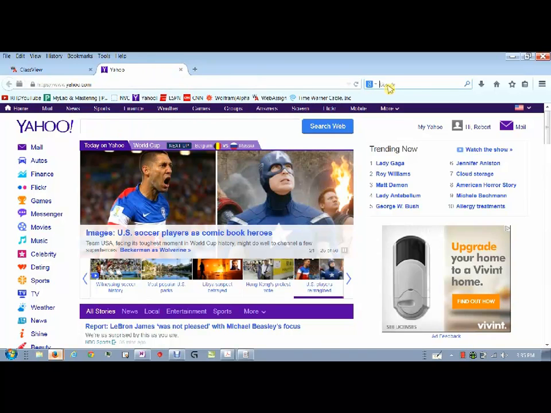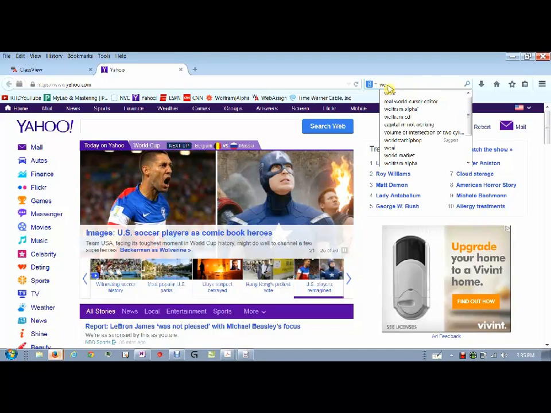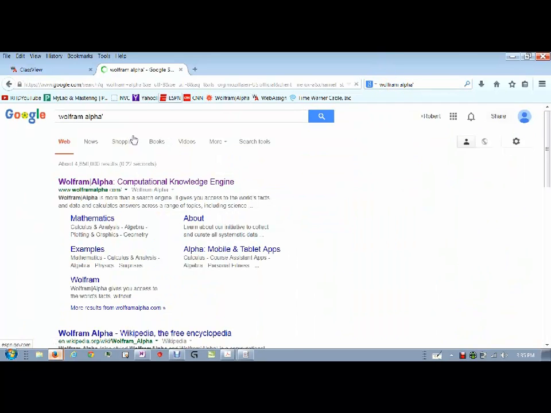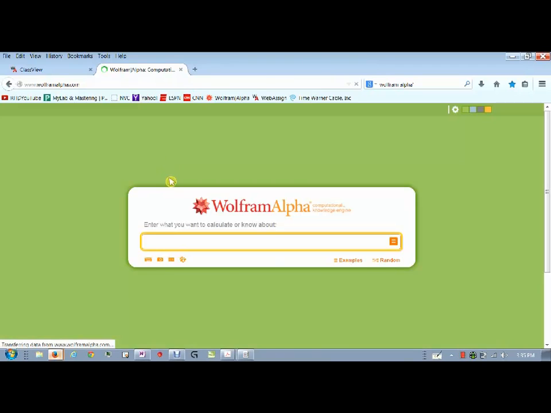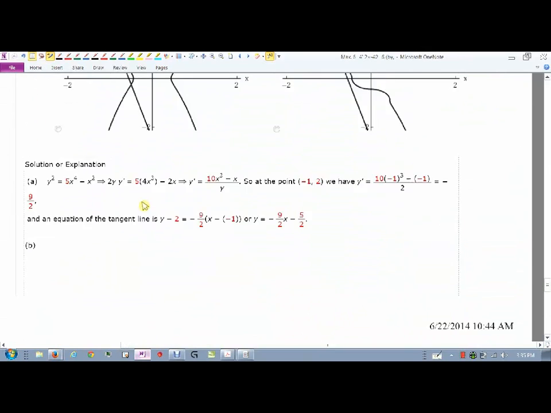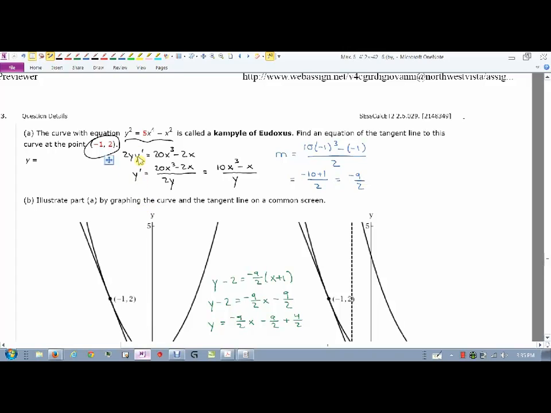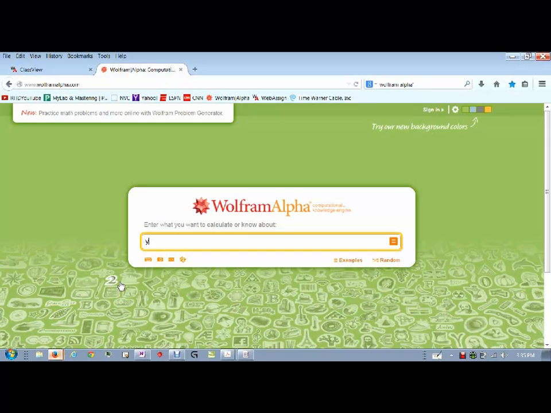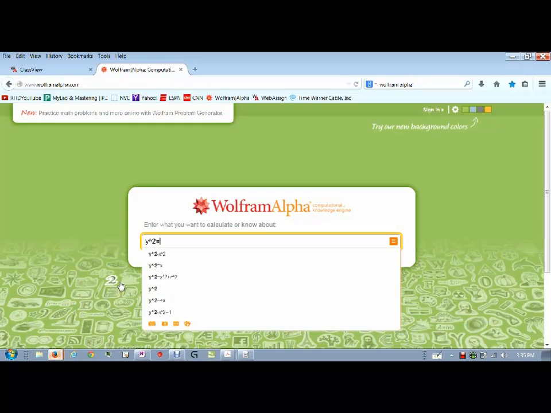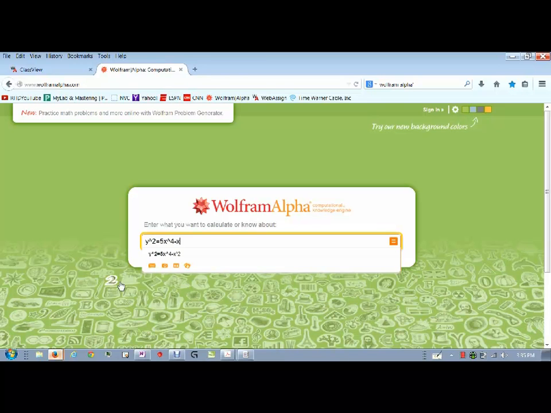The equation I'm going to type in is y squared equals 5x to the 4th minus x squared.